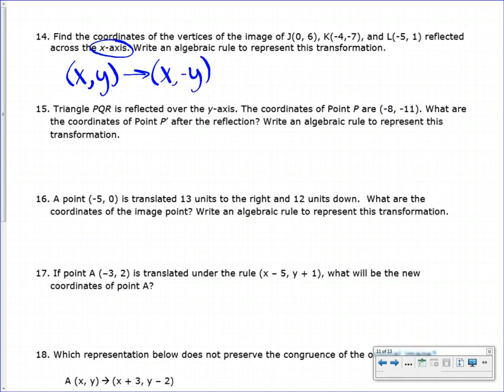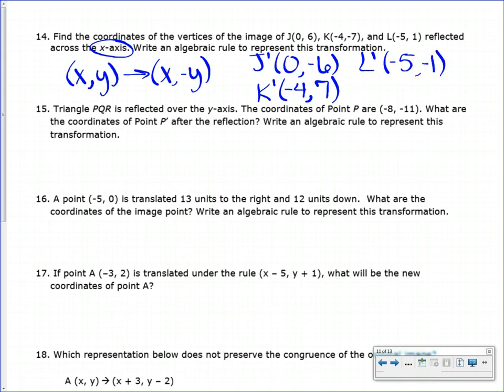So if I've moved something across the x-axis, it's going up or down. So to find the coordinates for J prime, x stays the same, my 6 becomes negative. K prime, negative 4 stays the same, my 7 becomes positive. L prime, negative 5 stays the same, my 1 becomes negative.